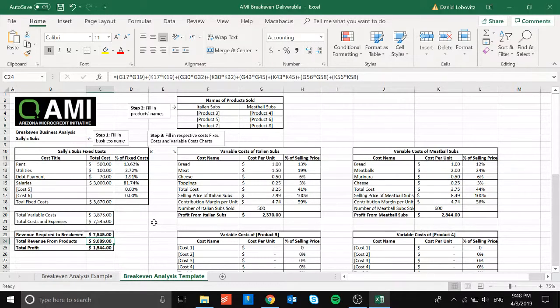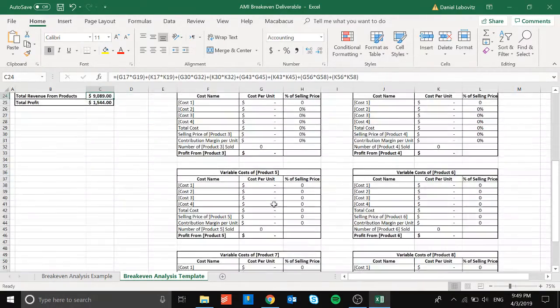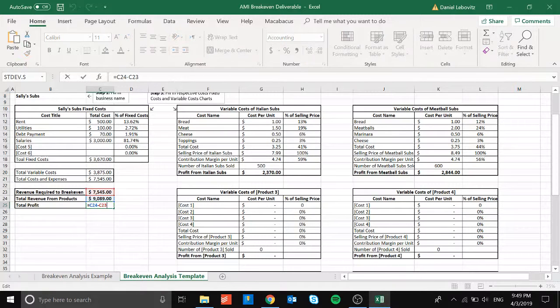So what we're seeing here is a formula that is going to take the price of each product multiplied by the amount of products sold of every single table and add them all together. This also shows us our total profit, which, as you can see in our formula, is going to be our total revenue minus our total costs and expenses, which is the same number as revenue required to break even.